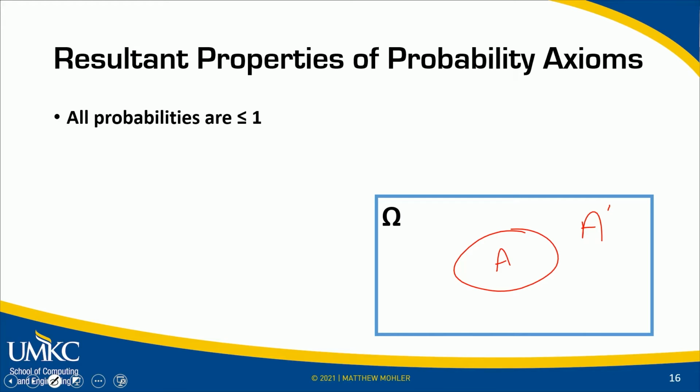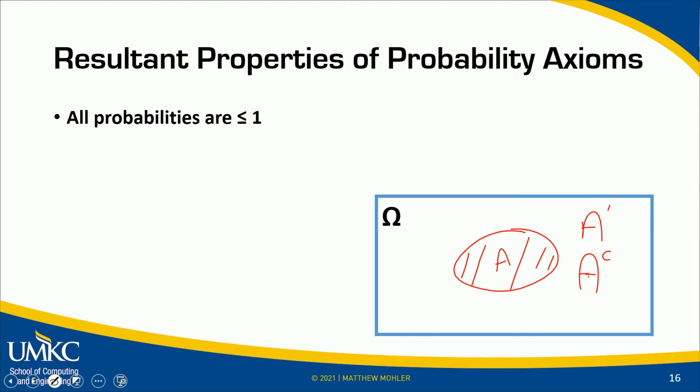It can also be written as A with a superscript C to indicate that it is the complement of that event A. So basically anything in sample space omega that is not part of the event A is going to be part of this A prime. Typically I'll refer to it as A prime. Some of the other lectures that we'll use throughout this course will use the A complement or A superscript C notation, so it's important that you recognize both of those as meaning the same thing.